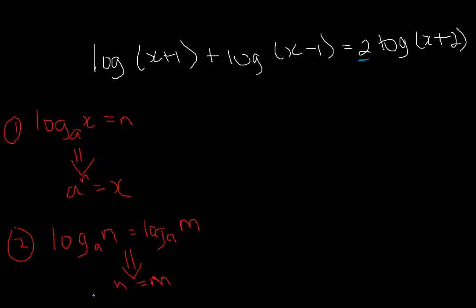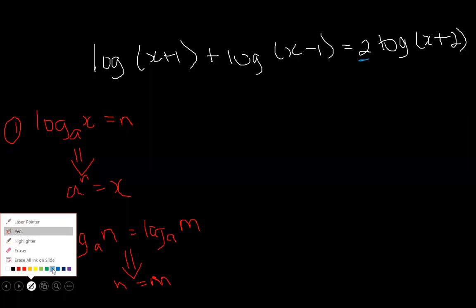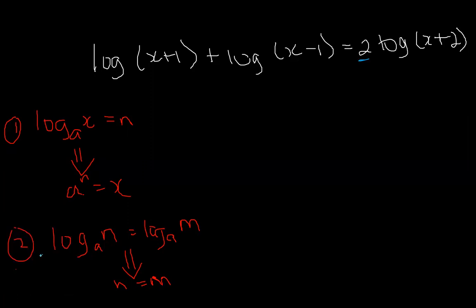If you look at your 2 rules, do you see anything in front of the log? No, Miss. Exactly. So that's how you know you need to fix something, because you do not see a number in front of any of these logs, right? So you know then and there that you need to simplify using your laws of logs.